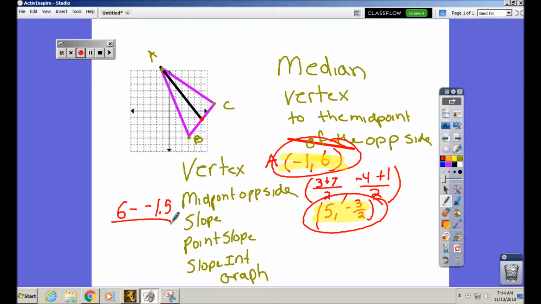And the y value, negative 1 minus 5. So 6 minus negative 1.5 is 6 plus 1.5 is 7.5, correct? And negative 1 minus 5 is negative 6, correct? So this is kind of weird. What is my slope? Negative 7.5 over 6. Are you with me so far?